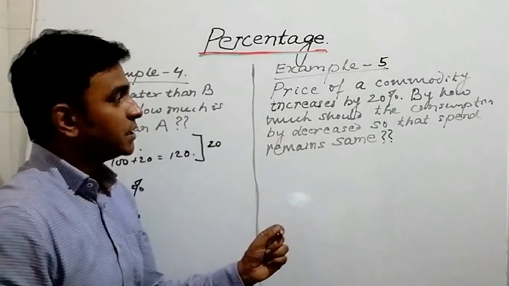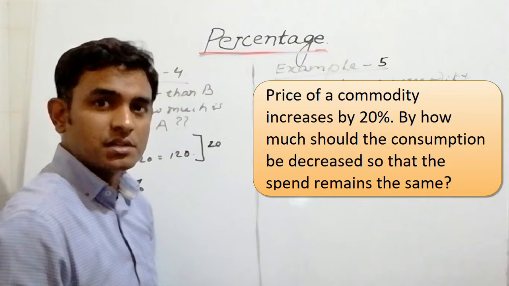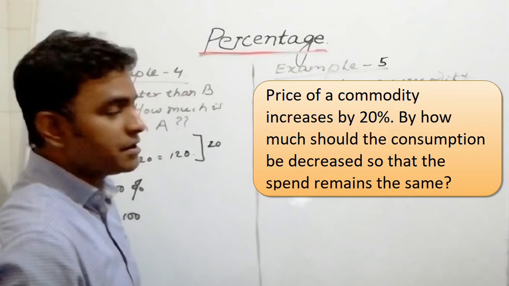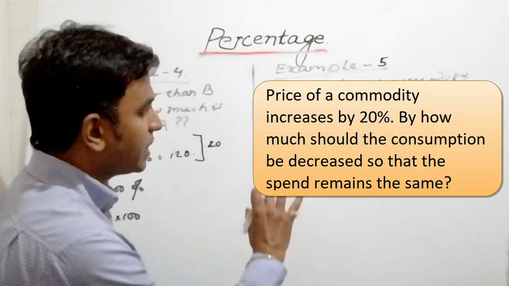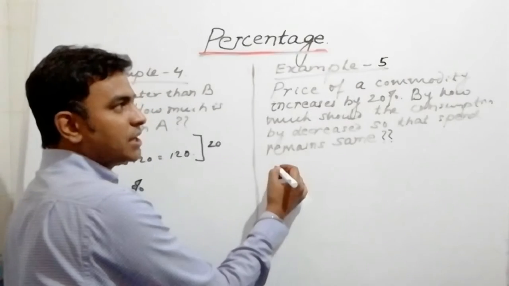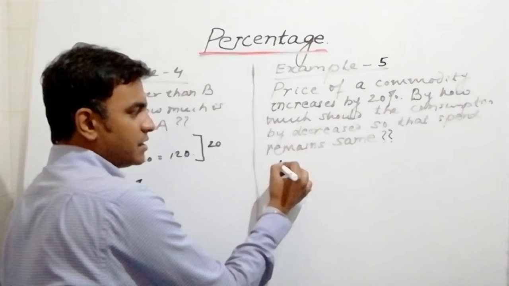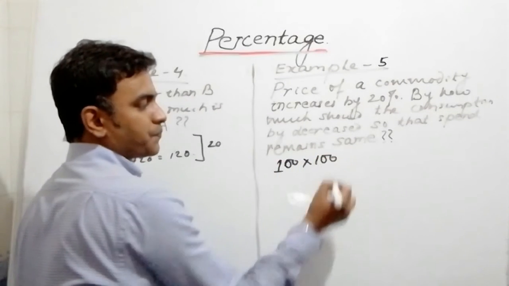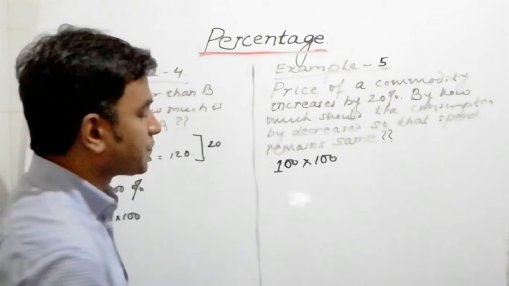Price of a commodity increases by 20%. By how much should the consumption be decreased so that the spend remains same? इसको पहले simple method से देखते हैं. So let's say initially आपका consumption was 100 and the spend was also 100. So 100 into 100 is your total spend.